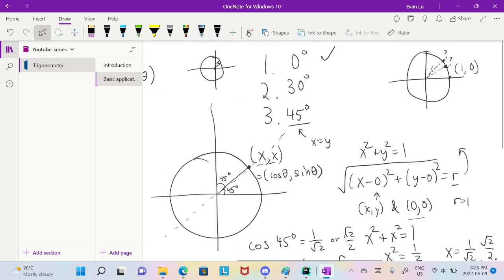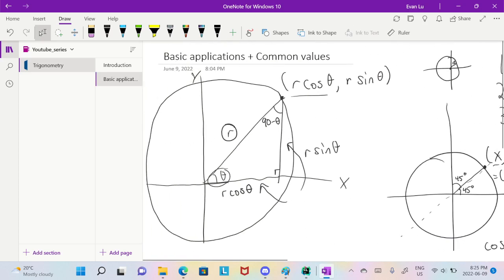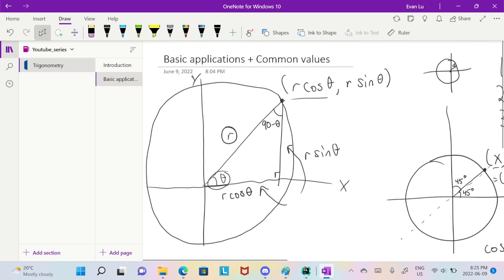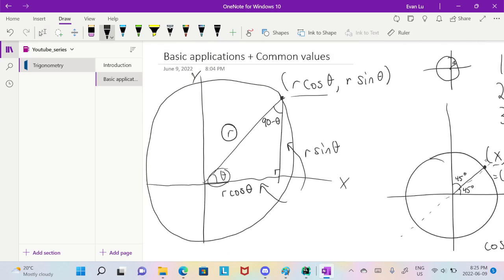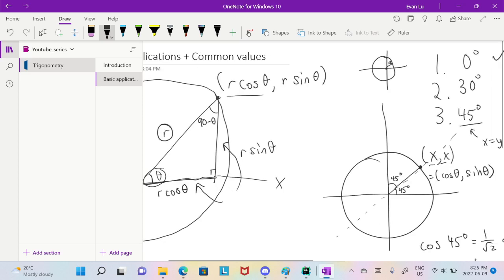And we're going to actually be using the relationship that we had before, where we said that if the hypotenuse of a right triangle is r, then the other two sides are going to be r cos theta and r sine theta. And r cos theta is the leg that is adjacent to the angle. And the one opposite the angle is going to be r sine theta.